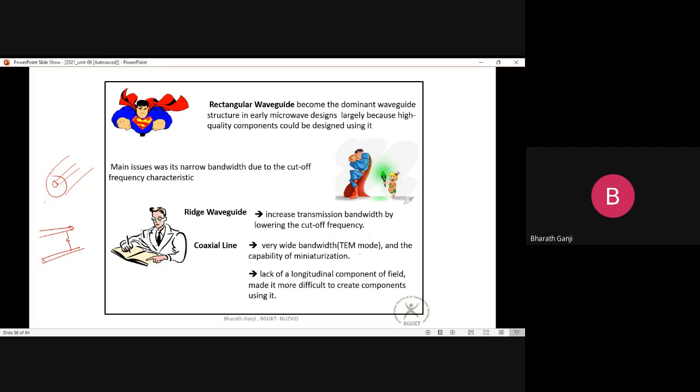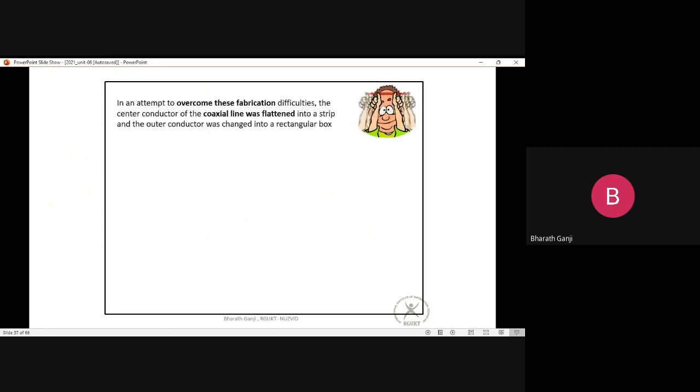So people were thinking, what is the solution to this? That is when they came up with the idea of planar transmission lines to overcome these fabrication difficulties. People thought, why don't we design a coaxial cable which is flat like this? So instead of a coaxial cable which is difficult to fabricate, people started designing coaxial cables which look like rectangular surfaces inside.